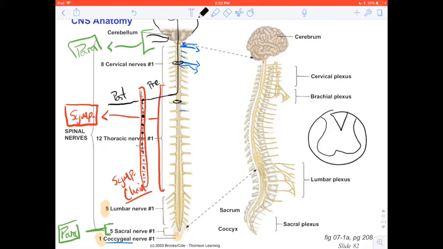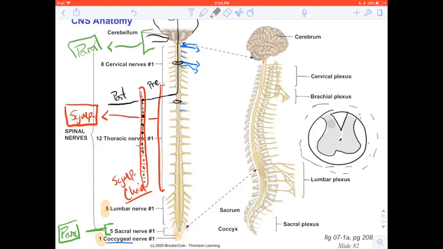We got our central canal in the middle. Remember, CSF runs through there. Around the edge, we have our meninges. Our CSF is surrounding in here. And inside, you can kind of see this, it looks like a butterfly, right? Inside the butterfly is going to be gray matter. Right? And outside is going to be white matter.